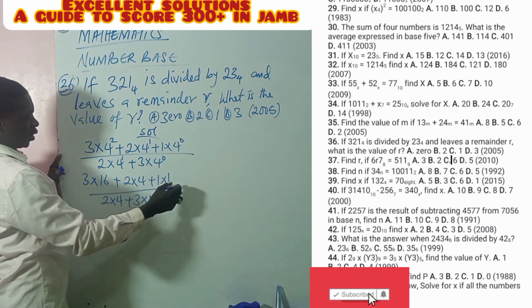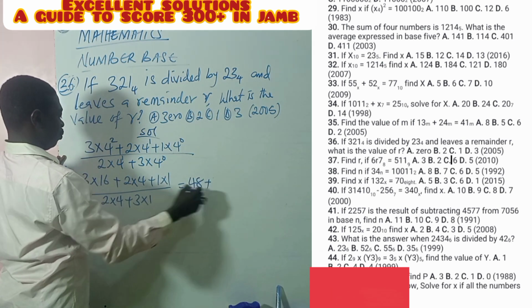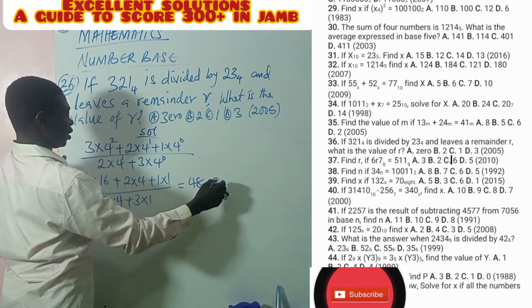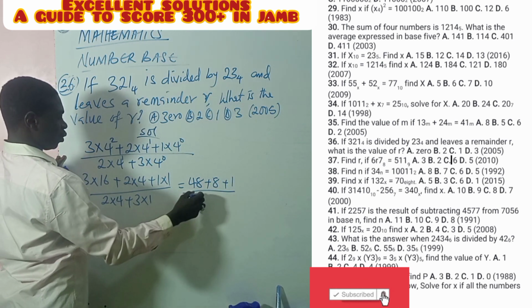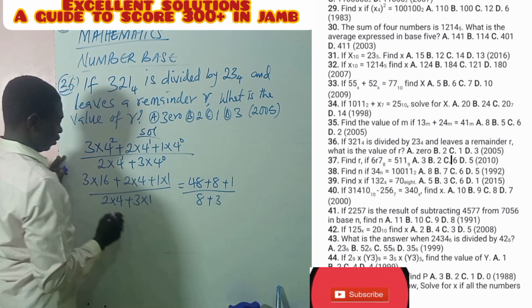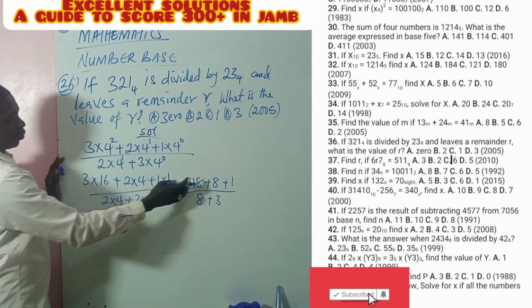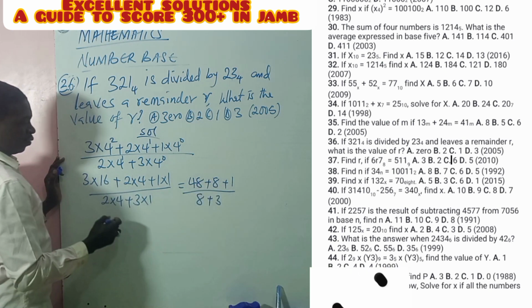So this is the same as having 3 times 16, we have 48, plus 2 times 4, we have 8, plus 1 times 1, we have 1, divided by 2 times 4, we have 8, 3 times 1, we have 3. So this is 48 plus 8, we have 56, plus 1, we have 57.